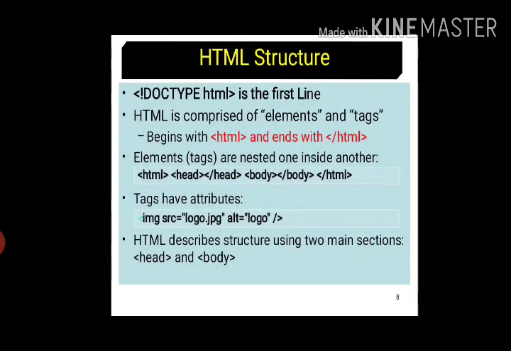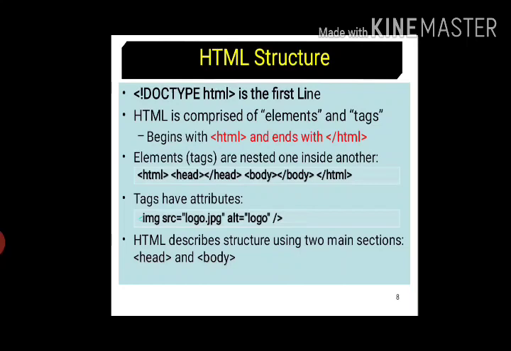One HTML page consists of different parts: the doctype, then element parts and tag parts. Every element or tag starts with an angle bracket, like <html>, and ends with </html>. Elements or tags are nested within other elements or tags.